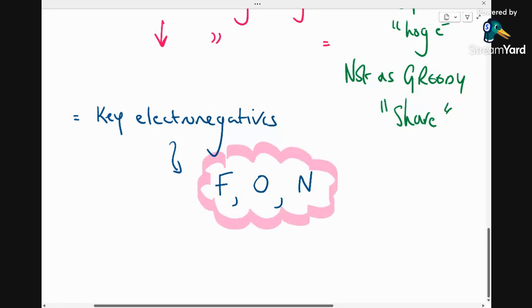These are electronegative. We don't tend to come across fluorine very much, so don't worry too much about that one, but oxygen and nitrogen, we absolutely do come across in a lot of biological molecules, and therefore you need to know that they are very electronegative, and that will have an impact on function, on the chemical reactions that can happen, which you will see throughout the course.